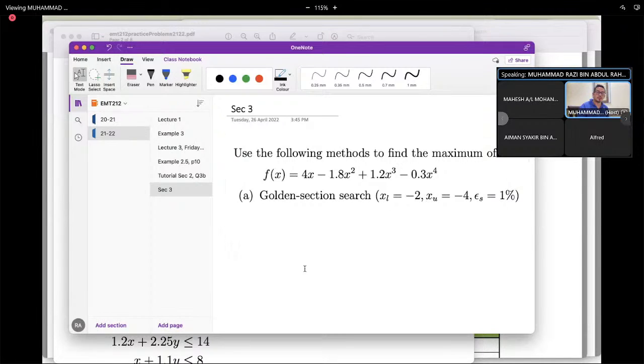But since you're doing this as a practice problem, okay, let's use that GeoGebra here.